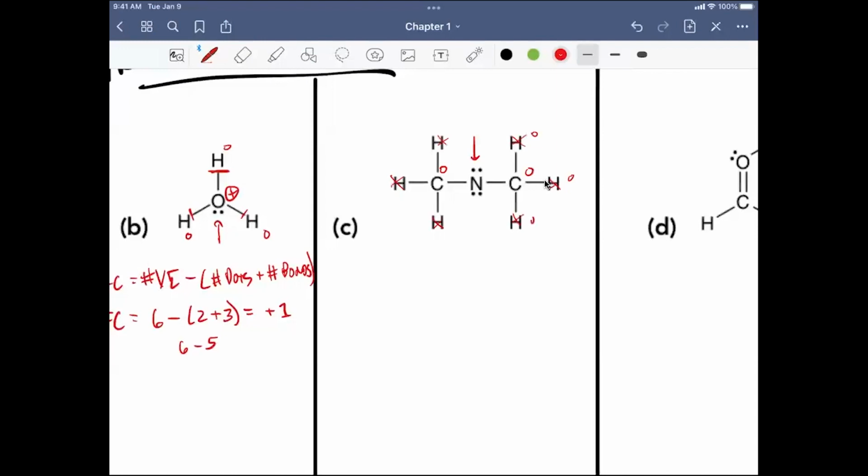But let's focus on this nitrogen, right? It has 2 lone pairs. It has 2 bonds. So to calculate the formal charge quickly, it has 5 valence electrons minus the number of dots, it has 4 dots, plus 2 bonds would be 6. 5 minus 6 would be negative 1.